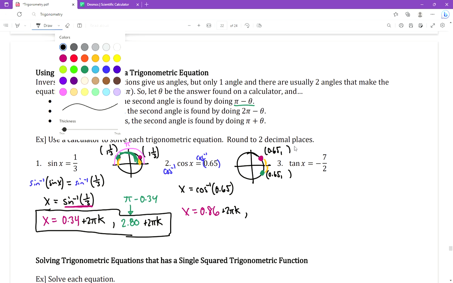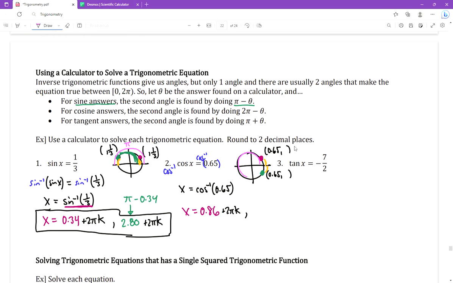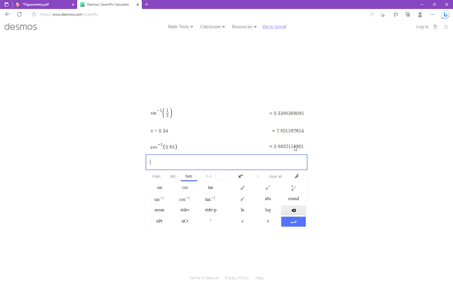So that's where we would say, well, if I had gone all the way around instead, and then minus that little length in orange, that should still match where the green puts me. Okay, so that's why we do 2 pi minus that angle. So now we're going to do 2 pi minus 0.86. And that's our second angle, so 5.42.